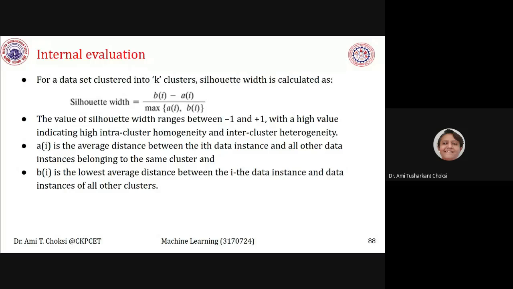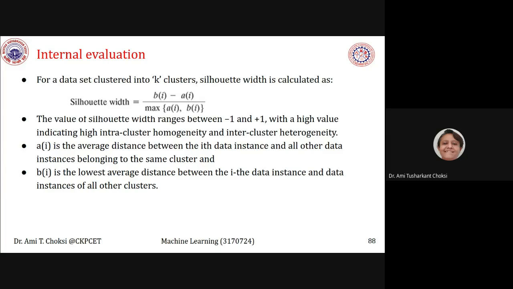So what is that in the internal evaluation? We say that we are using the Silhouette width. So what is that? Silhouette width is equal to b(i) minus a(i) upon max of a(i) and b(i), right?